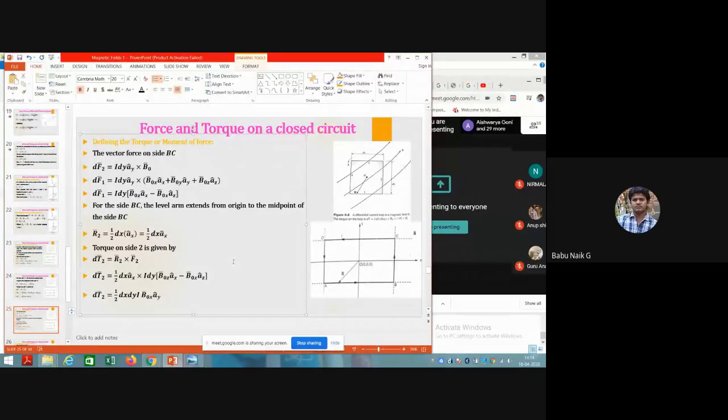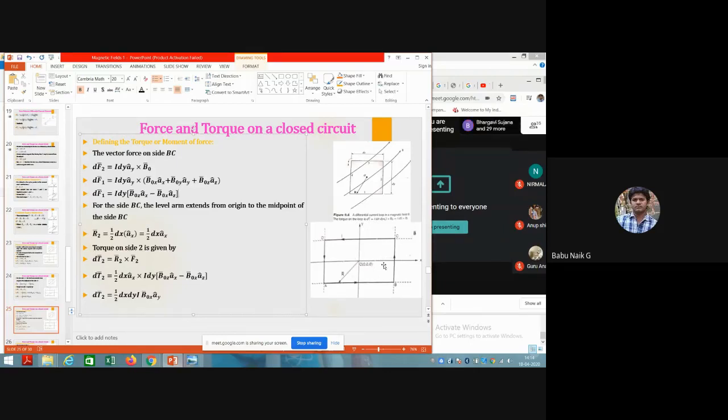Now in a similar way, you can calculate the distance from the origin to the midpoint of the BC side. So the distance is on the y-axis, which is the r vector.